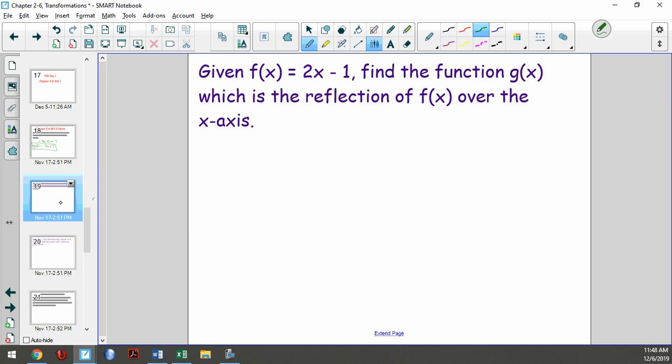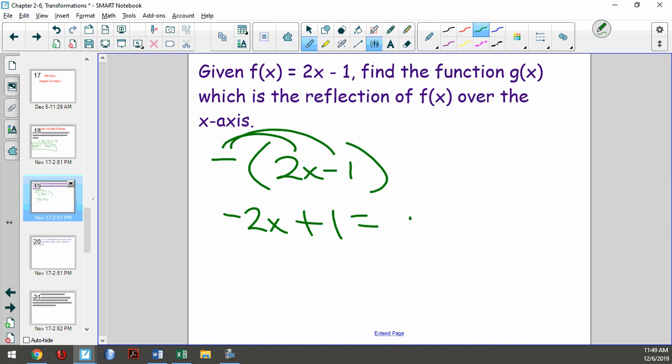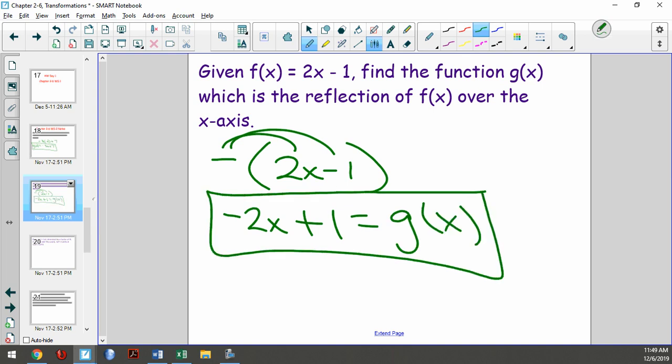So the way that happens is you are going to multiply the entire equation of 2x minus 1 by a negative on the outside, correct? So now distribute that negative into your function. So that's a negative 2x plus a 1. This is going to be our new function, g of x. Does that make sense? We good?